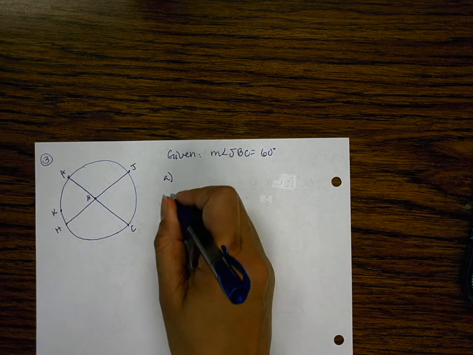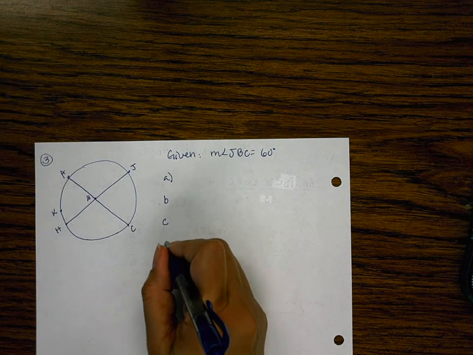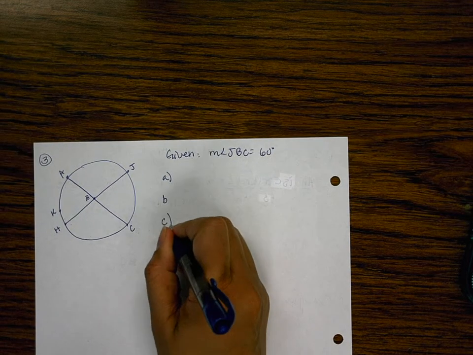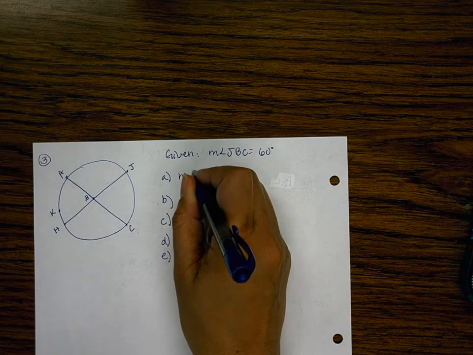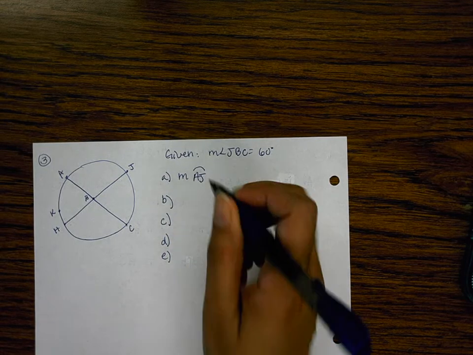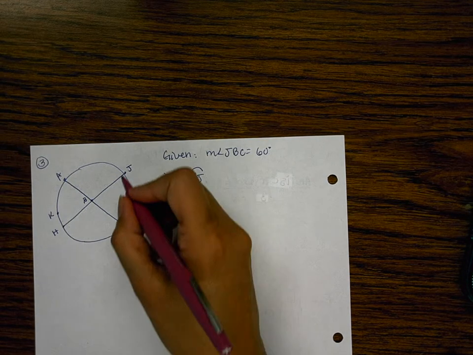A, B, C, D, and E. Okay. A, we're going to find the measure of arc AJ. All right, so let's label what's given first. Angle JBC is 60.